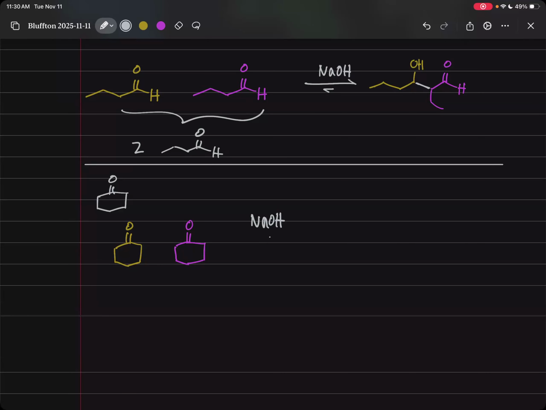So that means the equilibrium is not going to favor the products. We can still write the product, but that equilibrium arrow indicates that the reaction is disfavored for ketones.